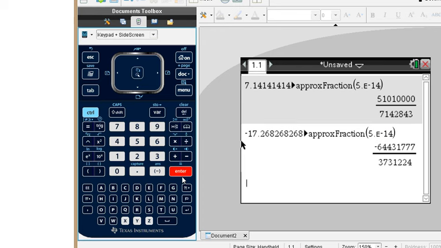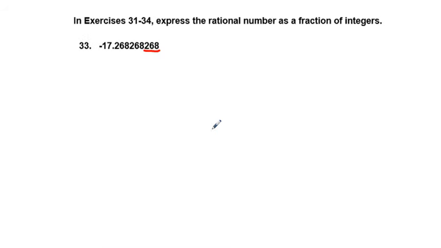In this case, we get negative 431,771 over 3,731,224.